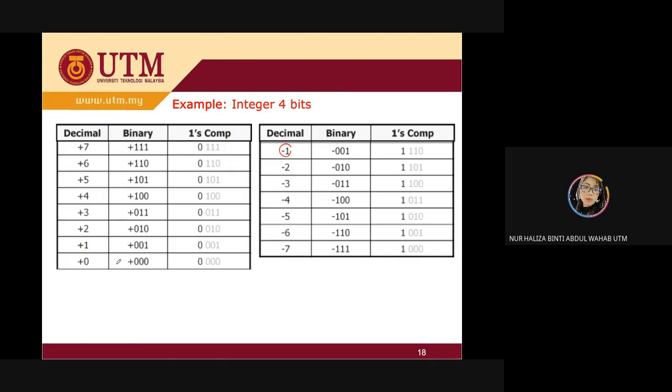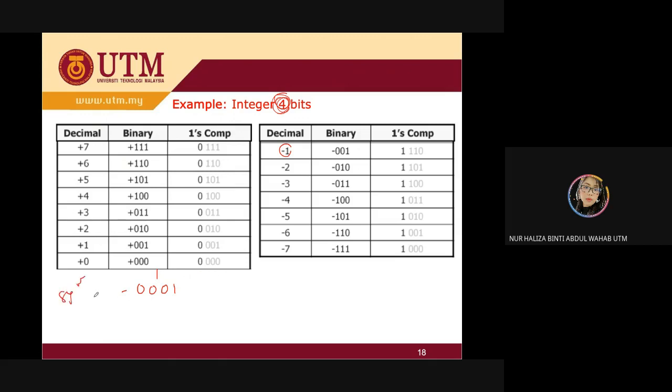Negative 1. It gives you 4 bits, okay? 1 will be 0, 0, 0, 1. This is 1, but we know it is negative. But we don't want to use sign magnitude.